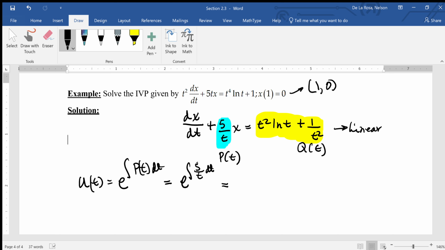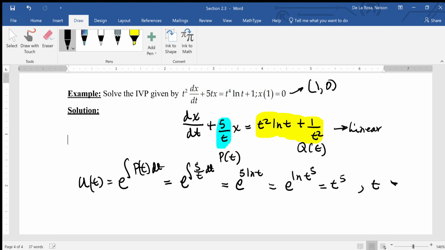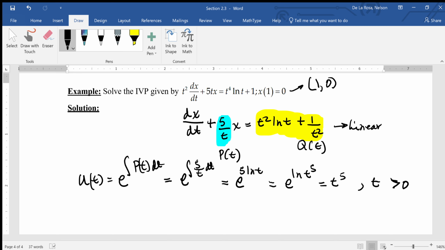The integral of 5 over t is 5 ln of t, which is equivalent to e to the 5 ln of t, and finally t to the fifth, provided t is a positive number. You remember, the argument, the domain of the log should be a positive number. So t is greater than 0.